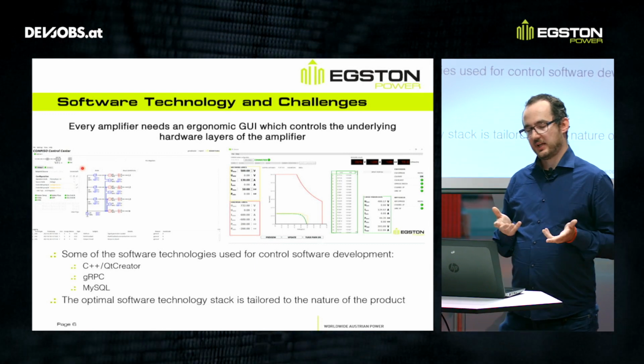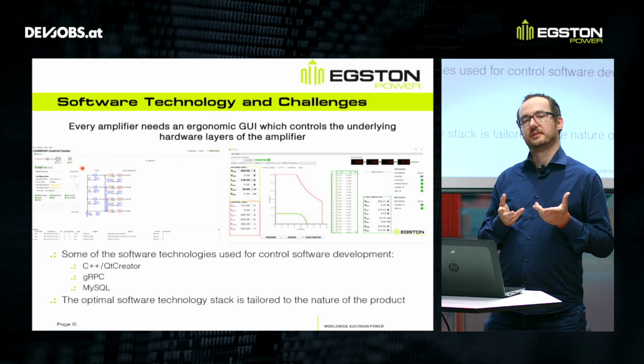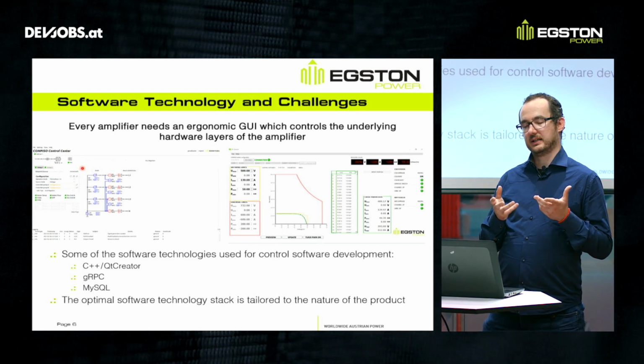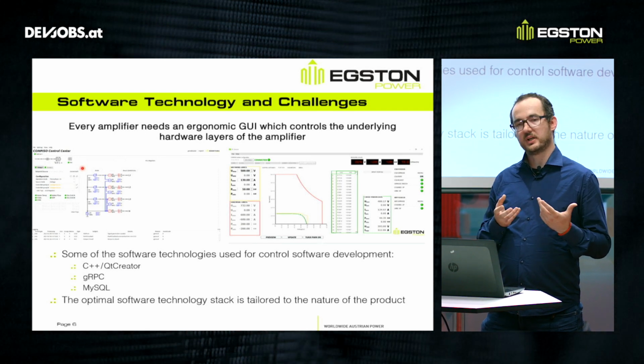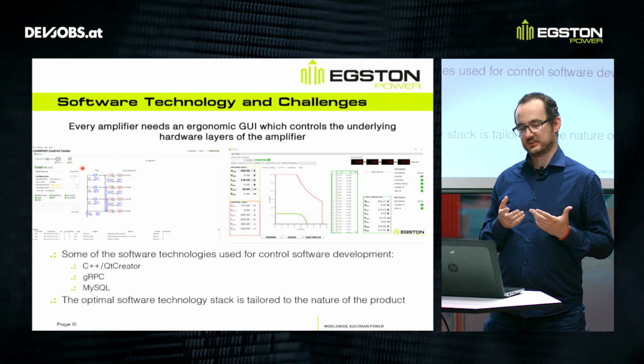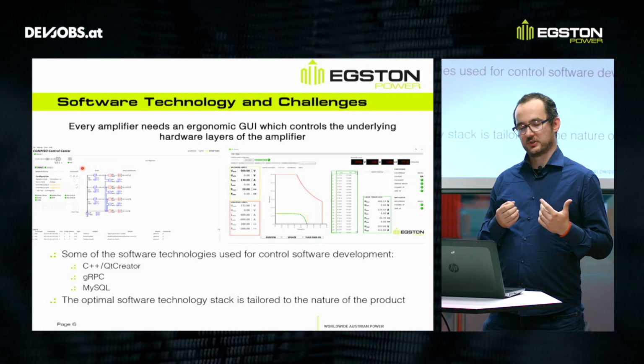For every amplifier that EGSTON produces, there is the need to have a graphical user interface and a reliable way for the user to control the system. There are several approaches to this.